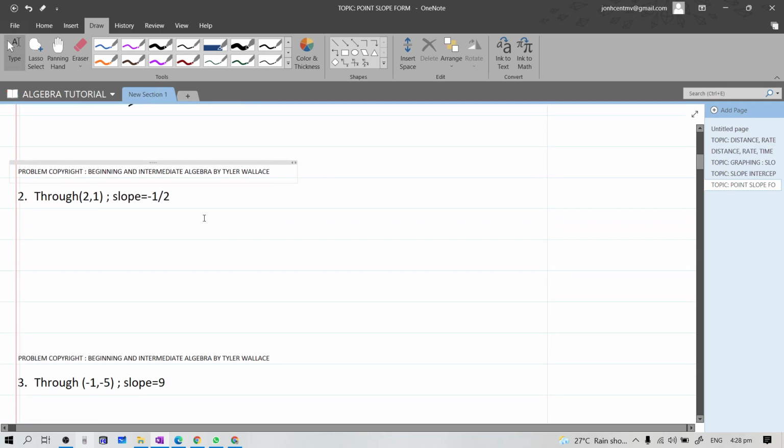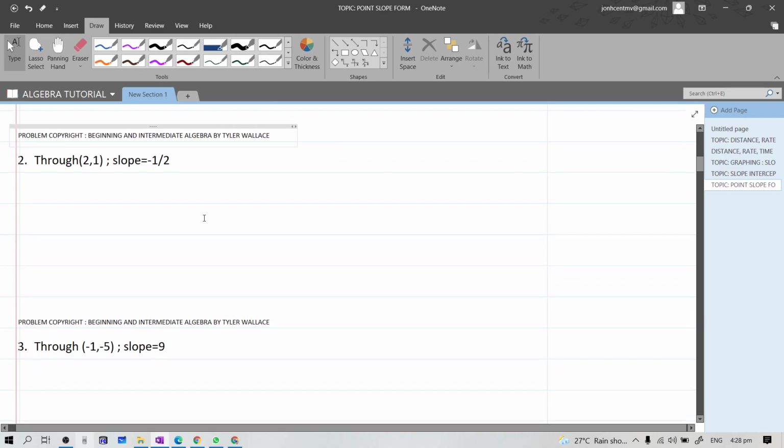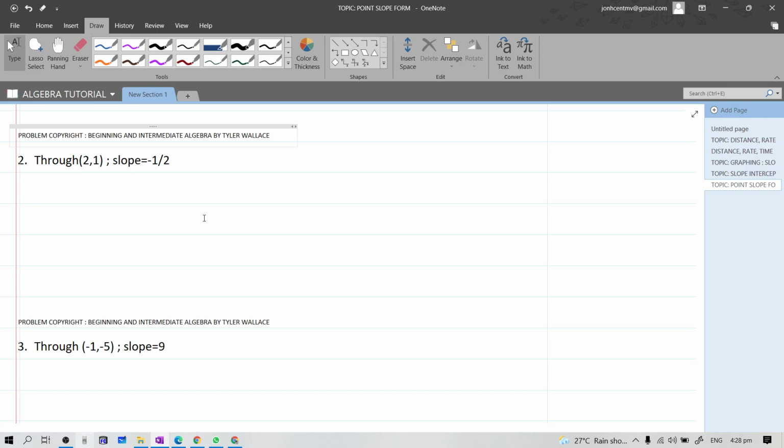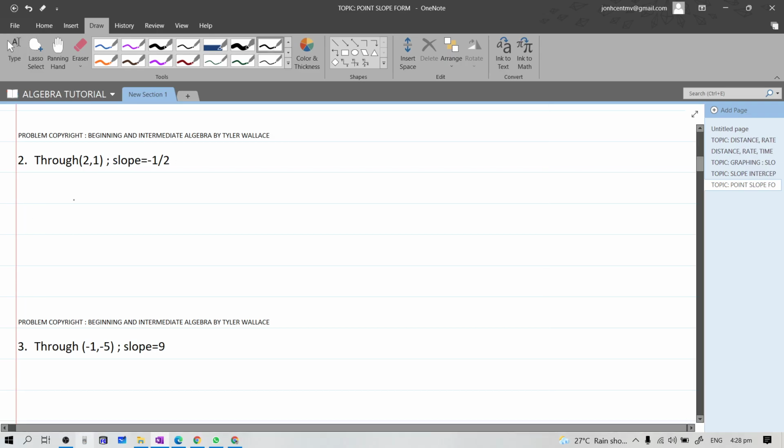Okay? So, for the example number 2, through 2 and 1, slope of negative 1 half. So, draw natin na solution. We have y minus y sub 1 equals m times x minus x sub 1. Then, that is y minus 1 is equals to negative 1 half times x minus 2.